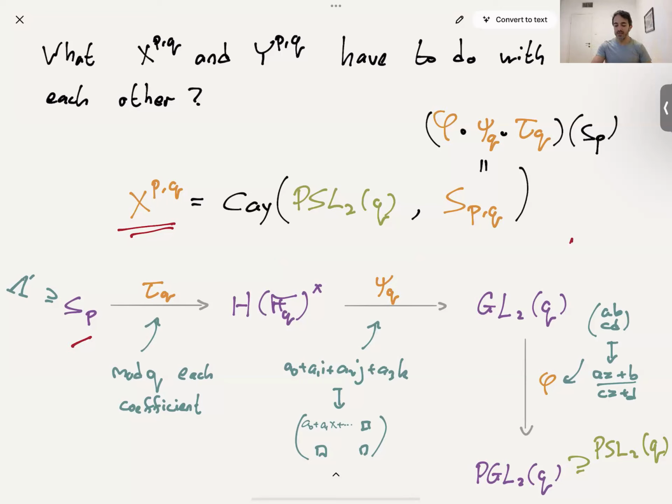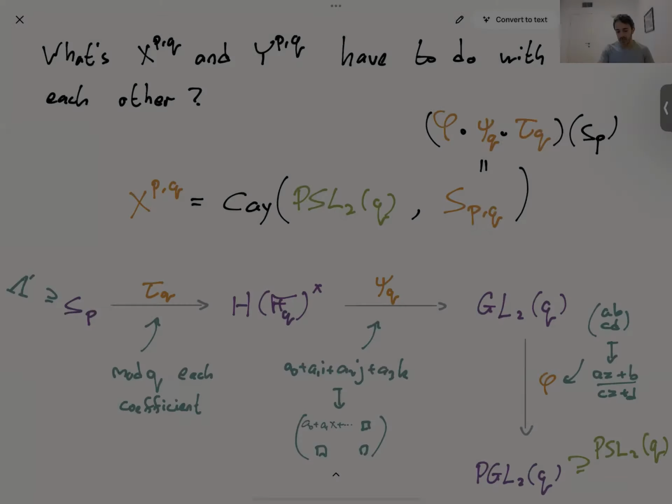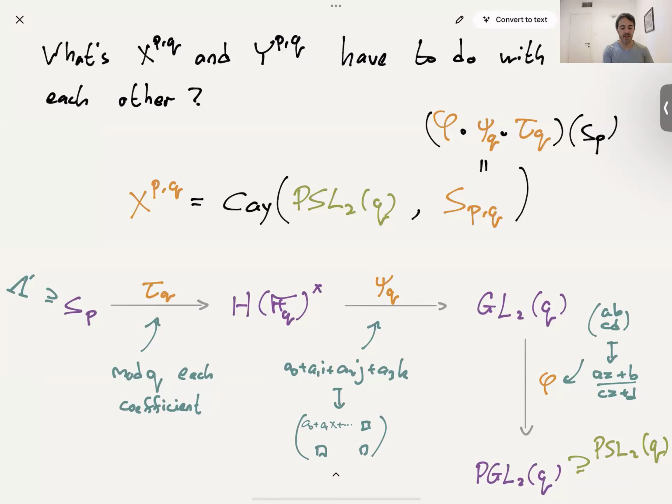We treated the matrix that we got projectively. Namely, we mod out scalars, or if you want, we consider these Möbius transformations. And then we said that SP under this transformation goes to PSL2Q, not just PGL2Q. So that's why the Cayley graph is on this vertex set.